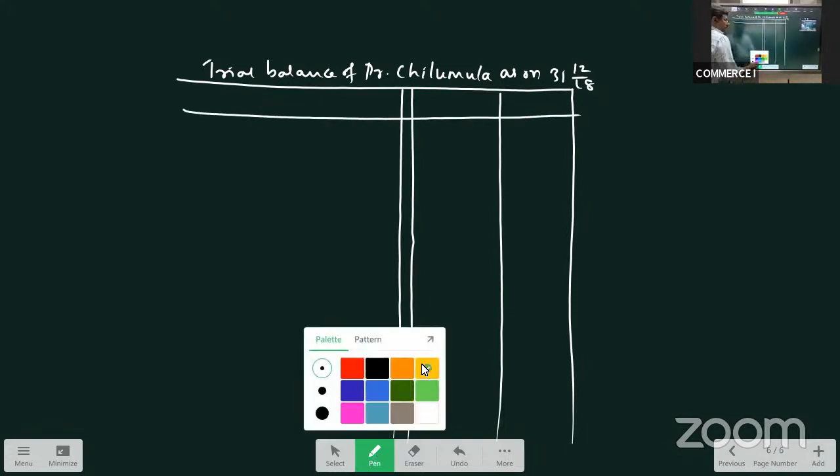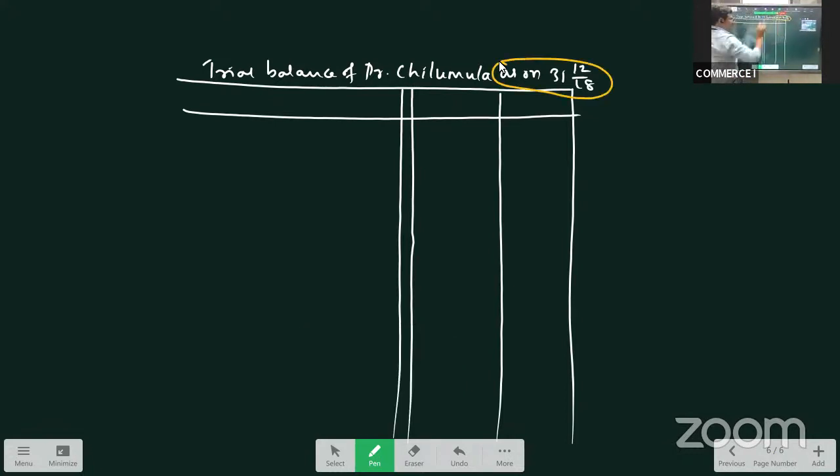Sir, no. Why not? Because a trial balance is prepared on one particular date. So we don't have date column. We have particulars, LF, debit column, credit column.